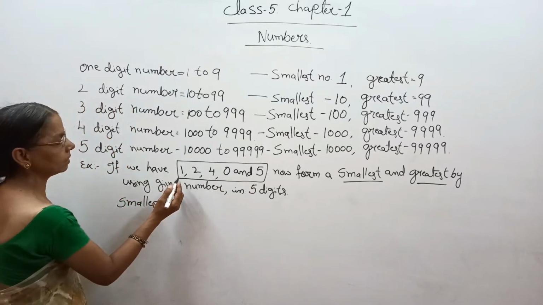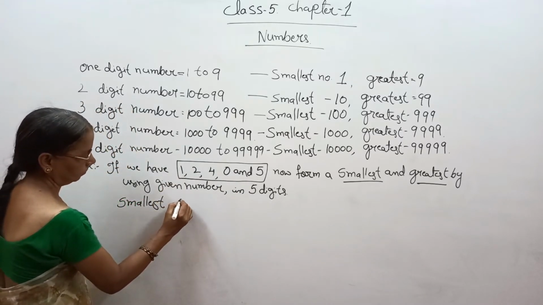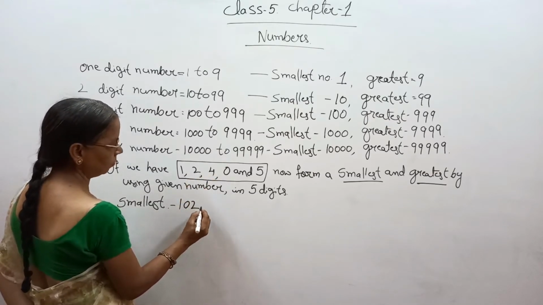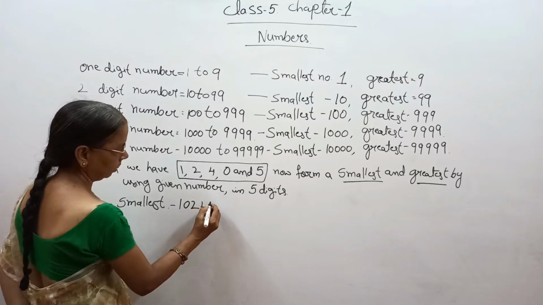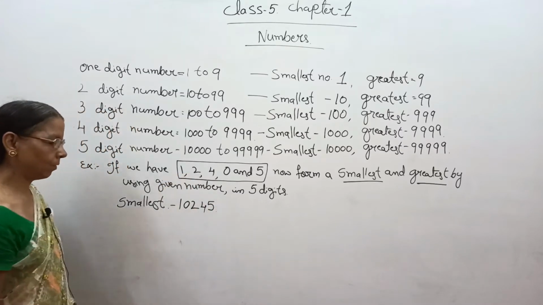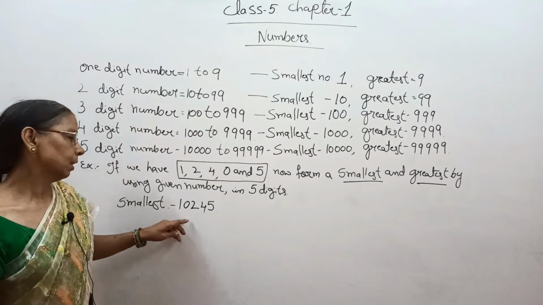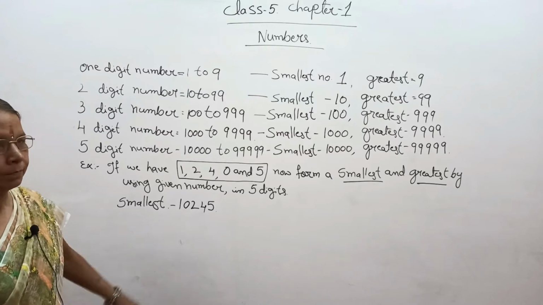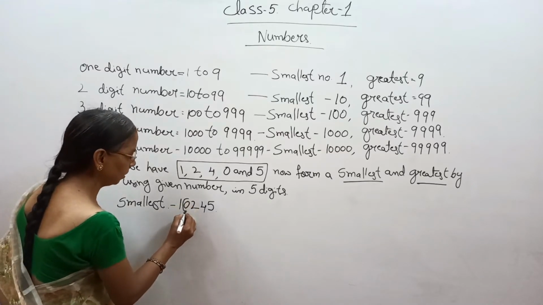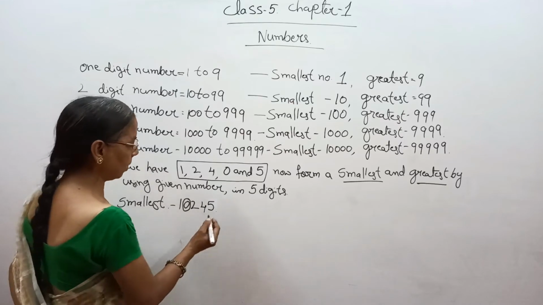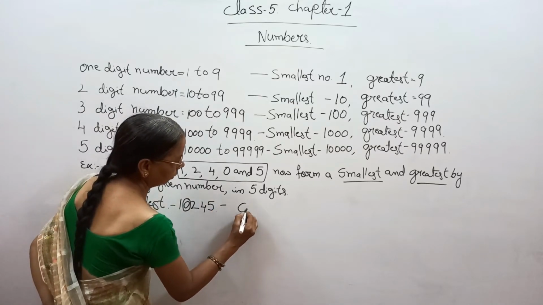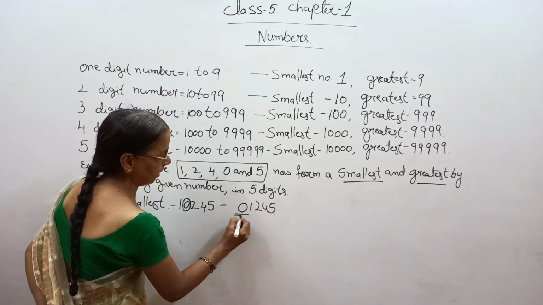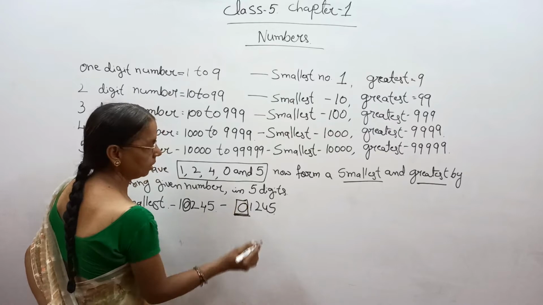The smallest number is 1. Then 0. Then 2. Then 4. Then lastly 5. Here 0 comes in the second place, because when we put 0 in the first place, it cannot have any value.